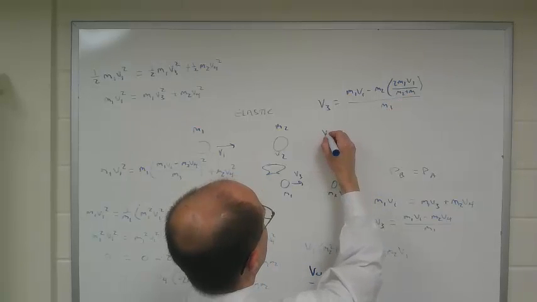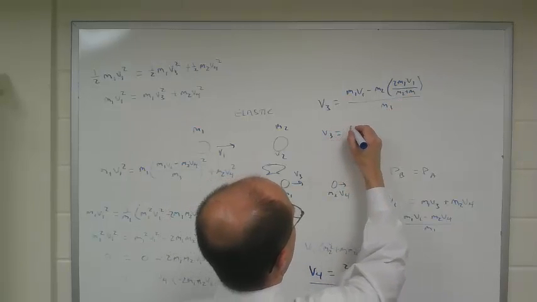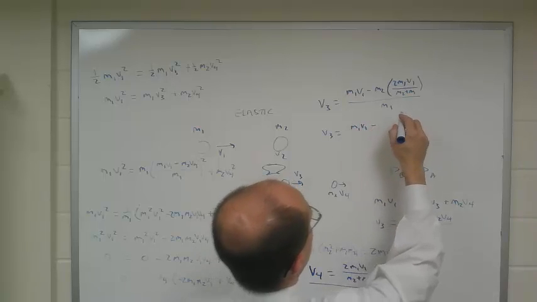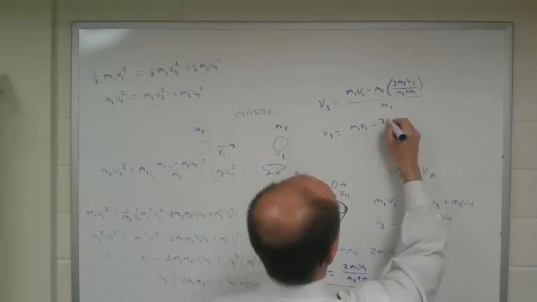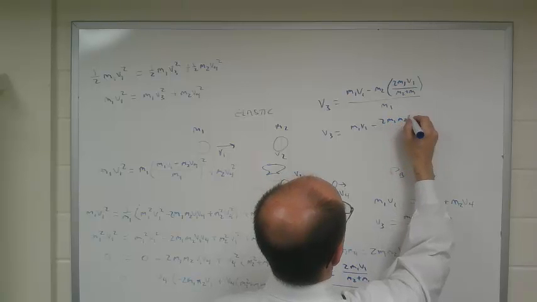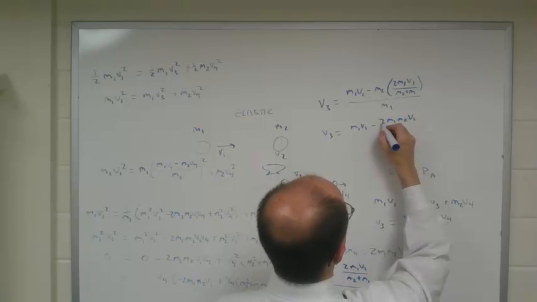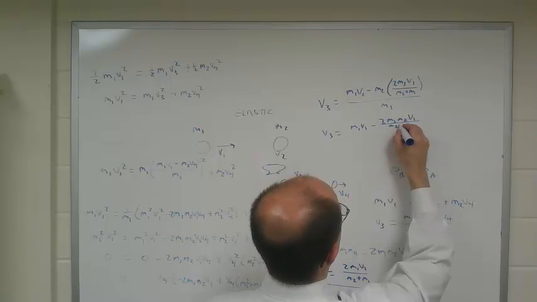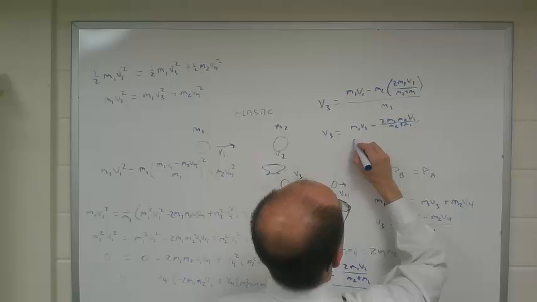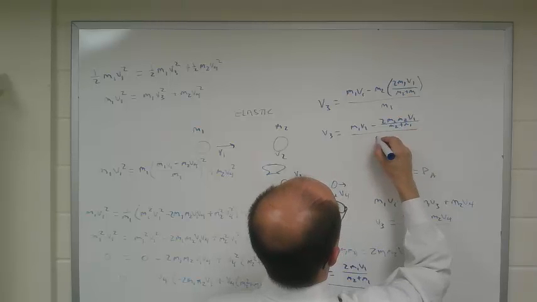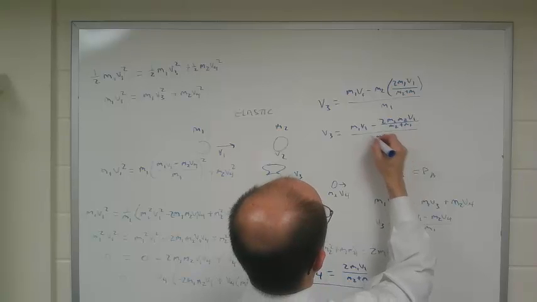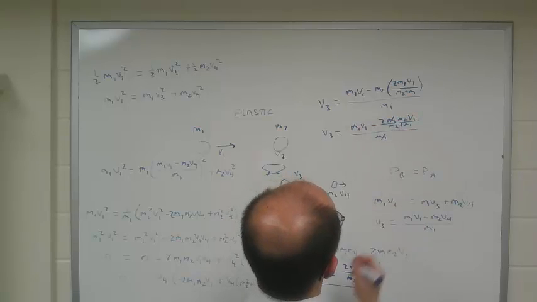So V3 looks like M1 V1 minus 2 M1 M2 V1 over M2 plus M1, over M1.